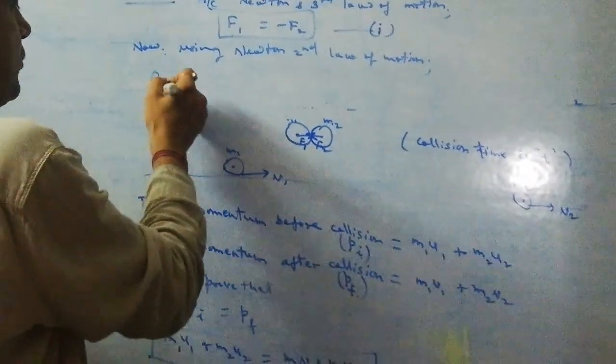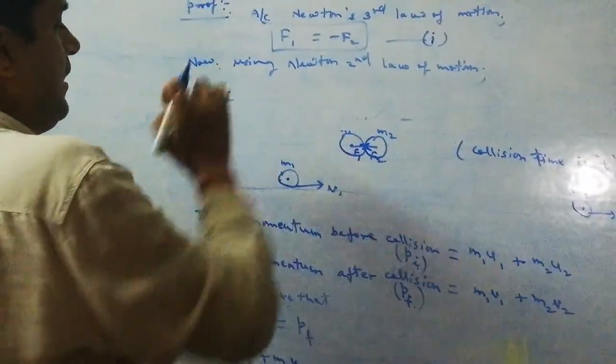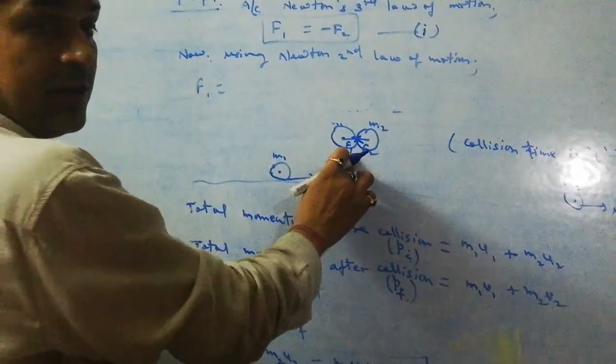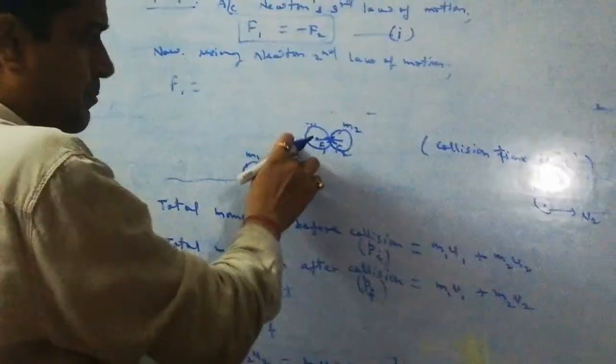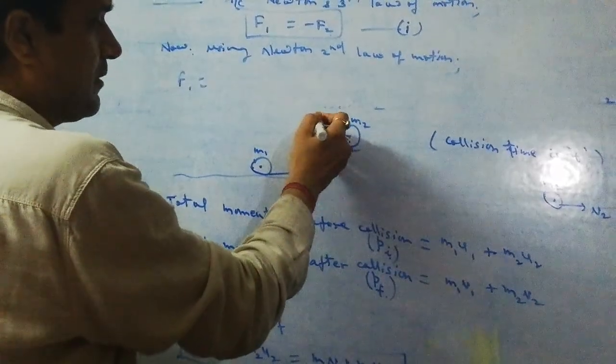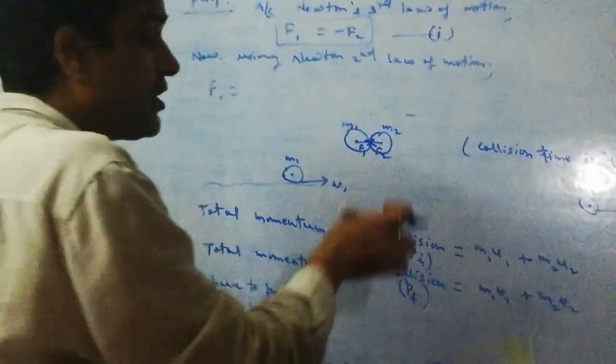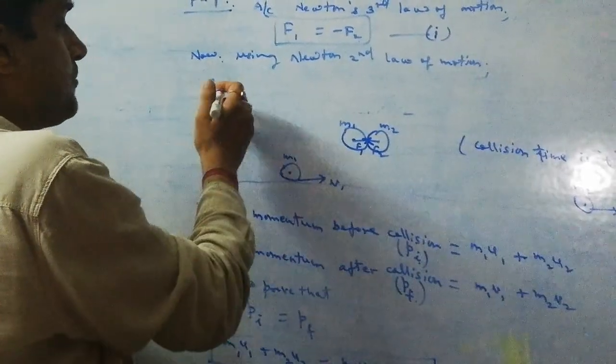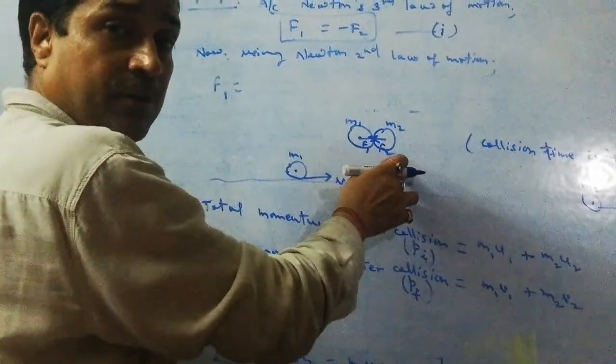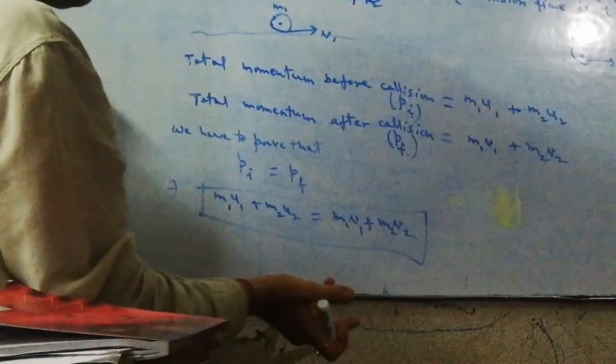what is F1 doing actually? F1 is applied by the first body on the second body. So in the second body there will be a change in momentum. So F1 is bringing changing momentum in the second body. So what is the change in momentum?